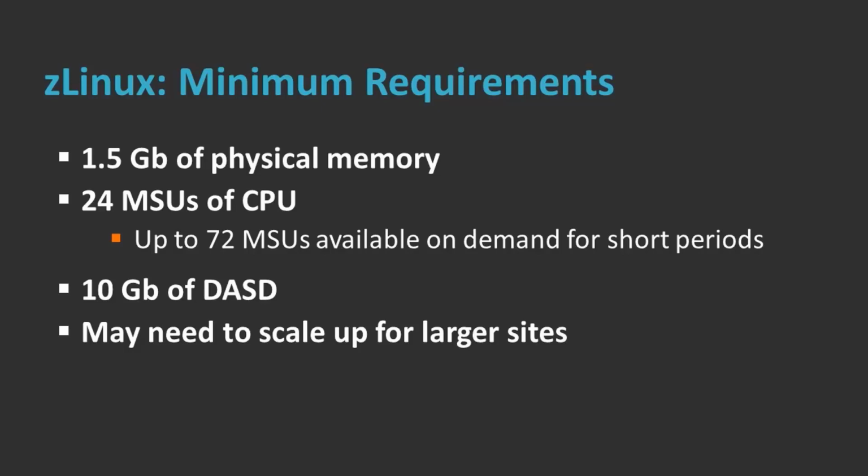The bare minimum of a VM-managed Linux image is 1.5 GB of physical memory, 24 MSUs of CPU with up to 72 MSUs available on demand for short periods, which is less than a minute, and 10 GB of DASD.